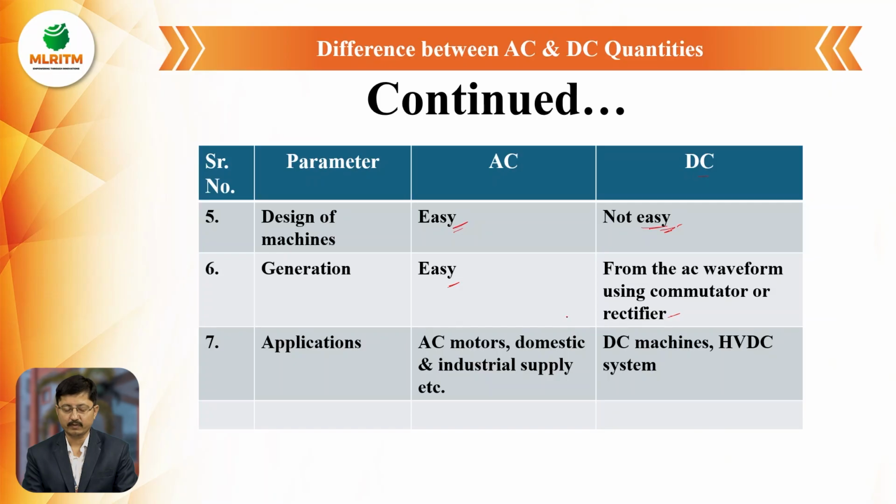Wherever DC is required, we have to convert the AC with the help of a commutator or rectifier and then use it. From the application point of view, AC is used in AC motors, domestic and industrial supply, etc. Whereas DC quantities are used in DC machines and HVDC transmission, that is high voltage direct current systems.